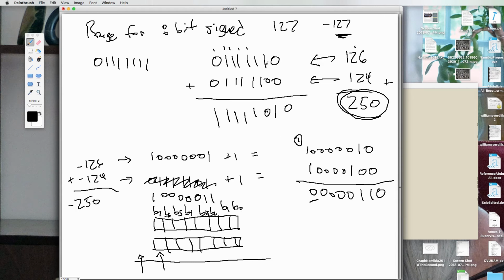Now the thing that I want you to notice in both of these: in this example here, there was a carry out from bit 7. Okay? And over here, I want you to notice that there was a carry in from bit 7.